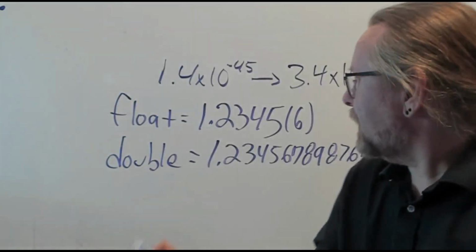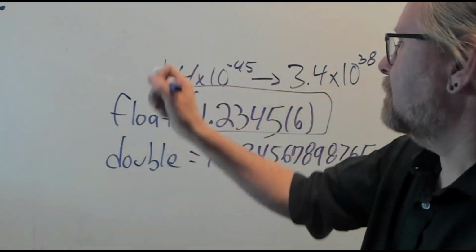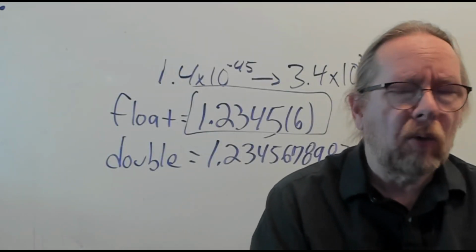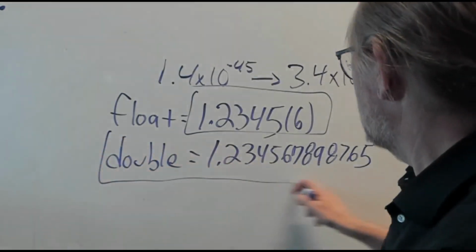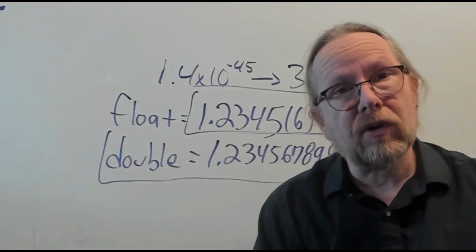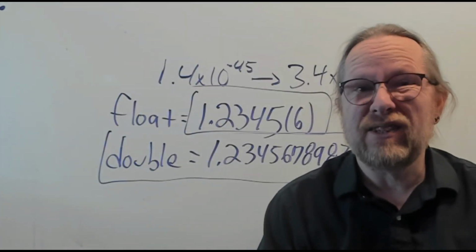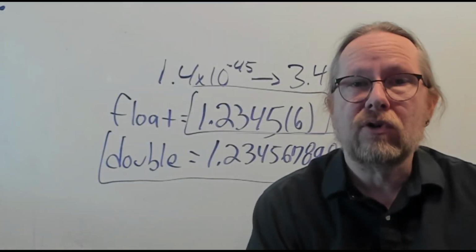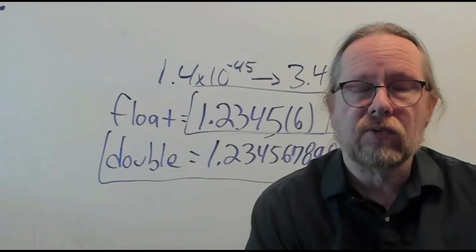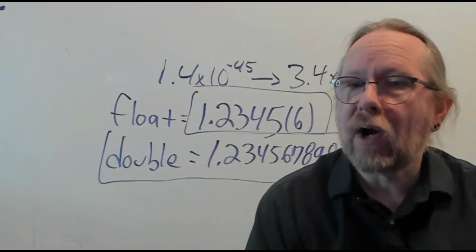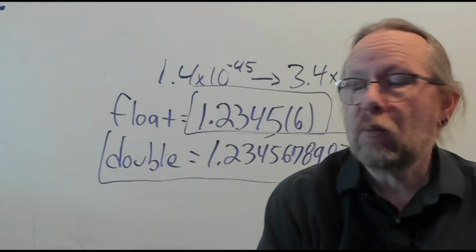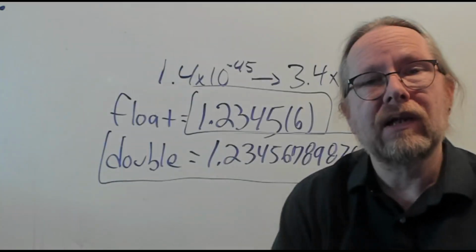Because a float doesn't have very much precision, I will probably almost always declare my decimal numbers in Java to be doubles. There's no reason not to. We're not trying to save memory. It doesn't matter if we're using 16 or 32 bits for our floats. So I will only rarely declare something to be a float.